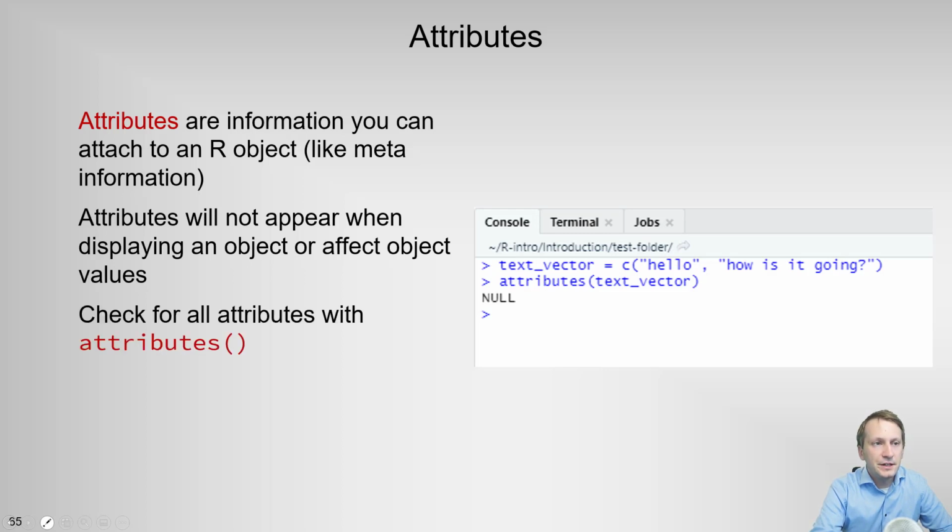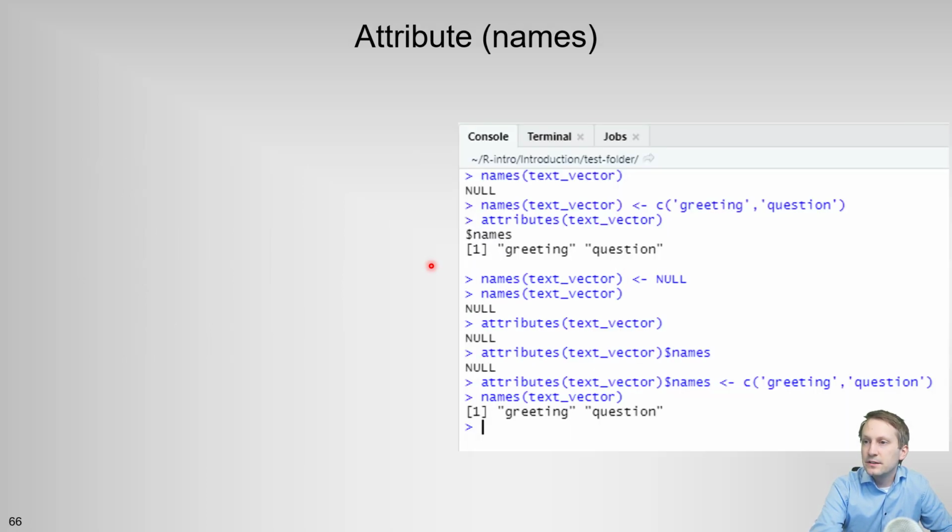If you want to check for attributes of an object, you use the attributes function. So let's create a quick text vector, call it text vector. Again, we concatenate just two elements here, hello and how's it going? And if you check its attributes, we find that it's empty, so it's NULL. So there are no attributes attached to the text vector.